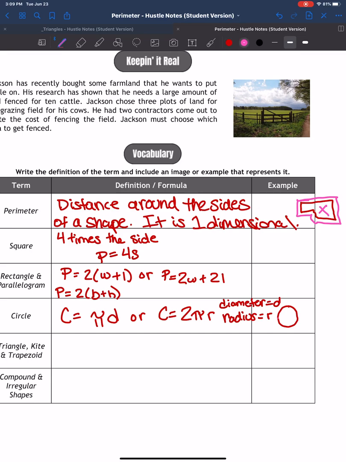Your diameter is from one side of your circle to the next, so that's your D. And your radius is from the center of your circle to one side, so that is your R.